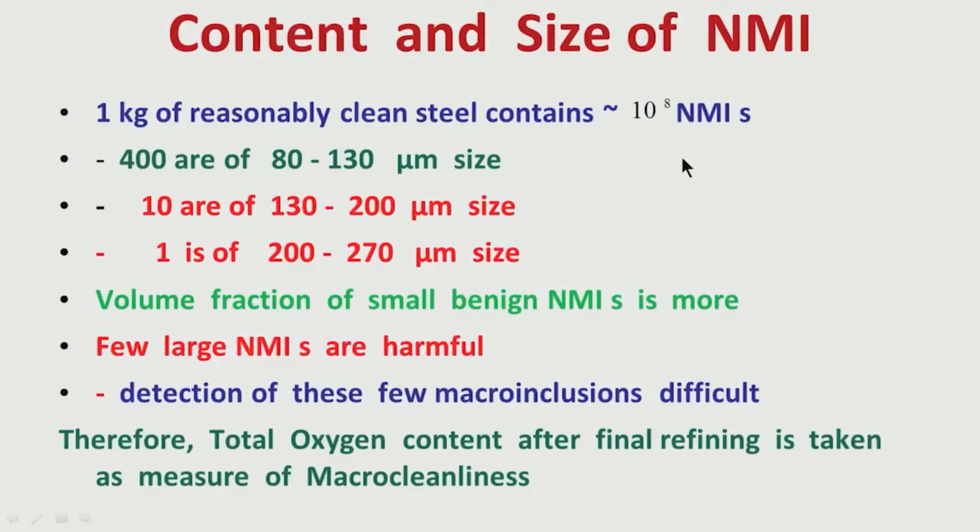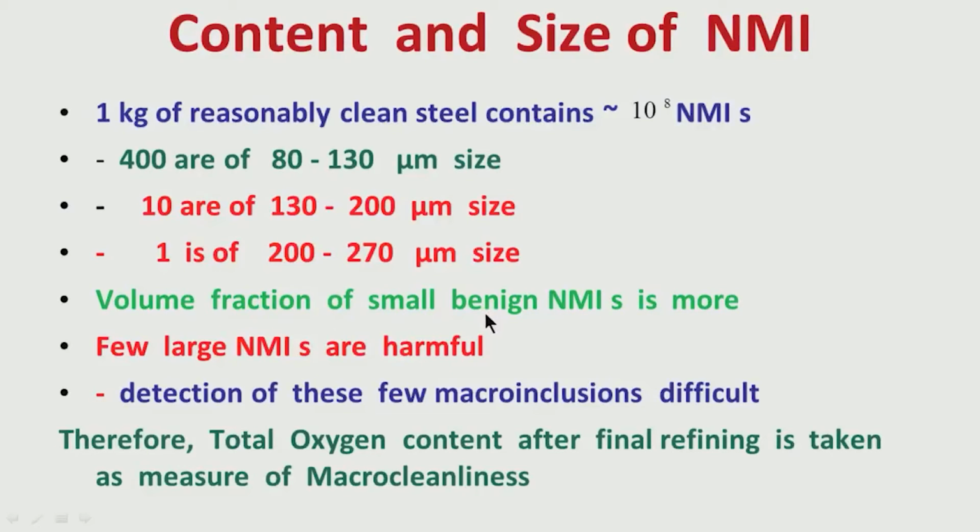Fortunately, out of these 10 to the power 8 inclusions, very few are of larger size. More than 99% are of very small sizes. Around 400 out of these 10 to the power 8 inclusions are 80 to 130 micron, only 10 are 130 to 200, and maybe only 1 is about 200 to 370.